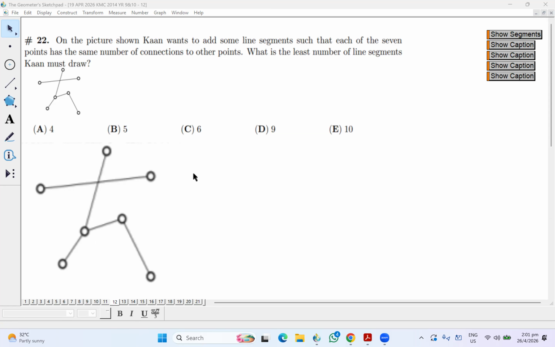So we have 7 points and they must have the same number of connections. Since this one has 3 connections, and we want the least number, we must try to get all 3 connections. Every point 3 connections. Can or not?